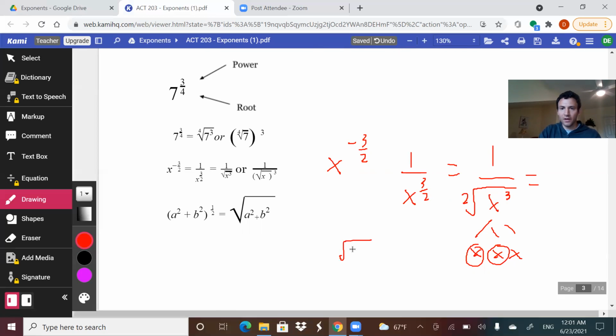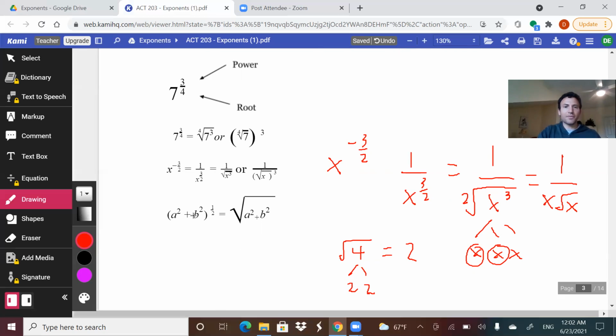Like if you have the square root of 4, you know that's 2 because you just needed 2 2's to be able to take the 2 out from underneath the radical. So in this case, this is actually 1 over x root x, right? Because we can take out the x and then that 1x is left over.